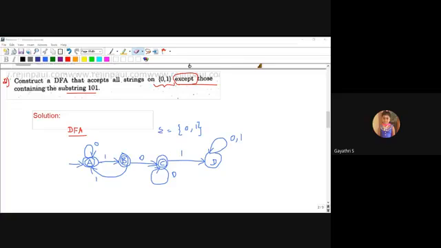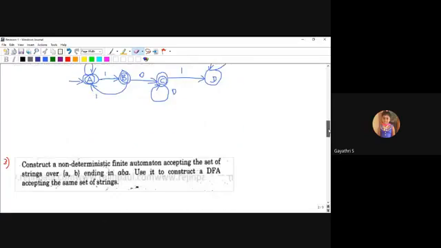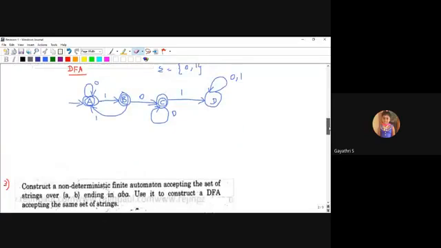You draw a separate automata and post it to my personal WhatsApp. You can also make this; this is also possible.